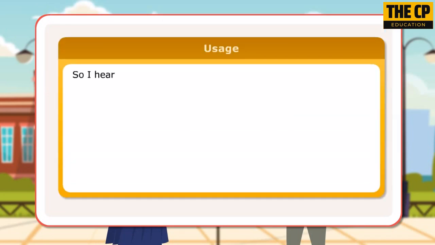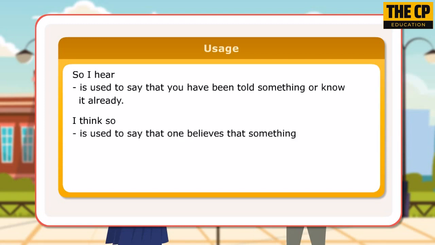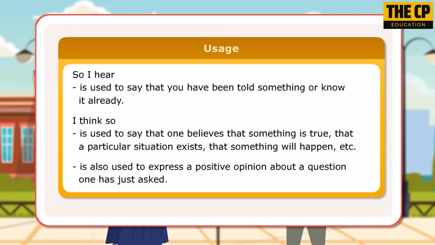So I hear is used to say that you have been told something or know it already. I think so is used to say that one believes that something is true, that a particular situation exists, that something will happen, etc. It is also used to express a positive opinion about a question one has just asked.